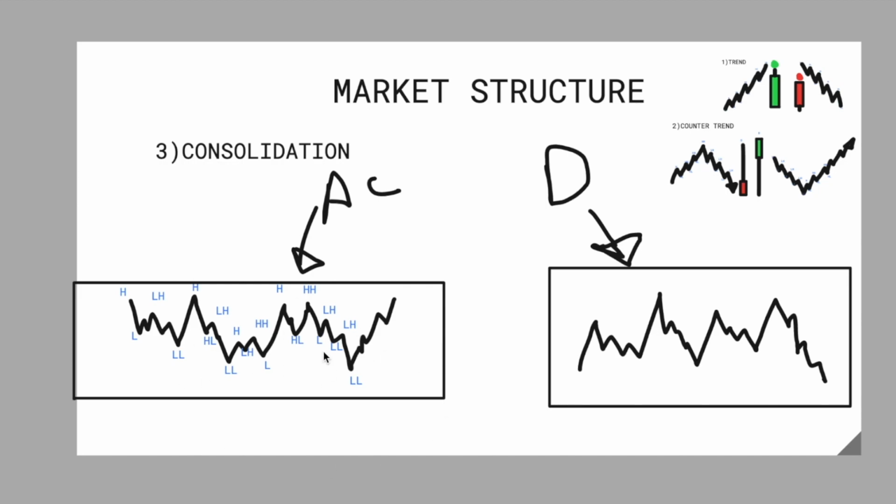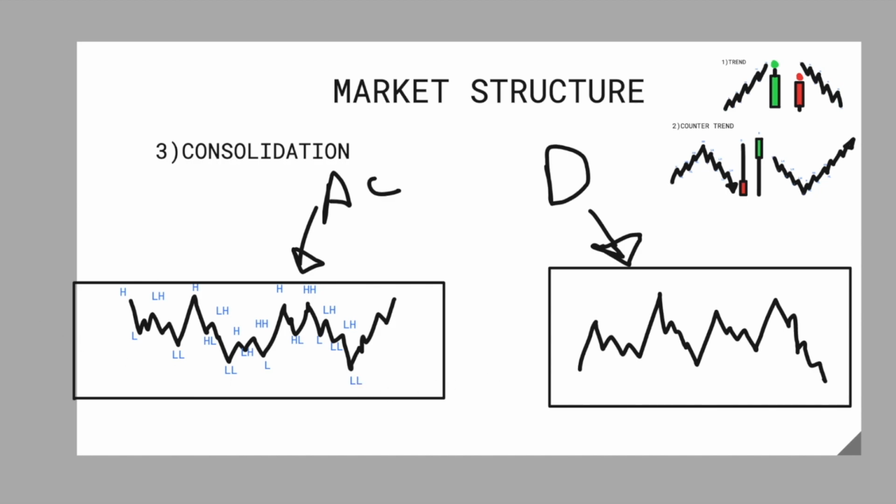So as you can see, the structure keeps on breaking to the upside and downside, upside and downside. So it's ranging within this area, and yeah, this is basically consolidation. So we shouldn't be trading within this area, but we can enter when there's an actual break of structure on a high time frame.